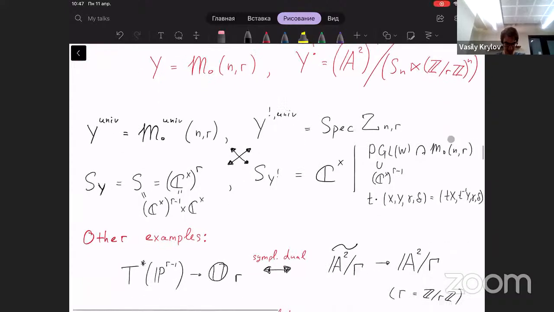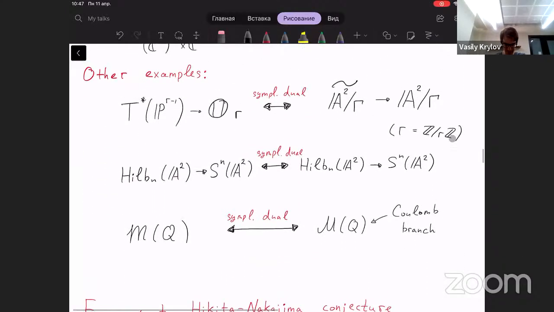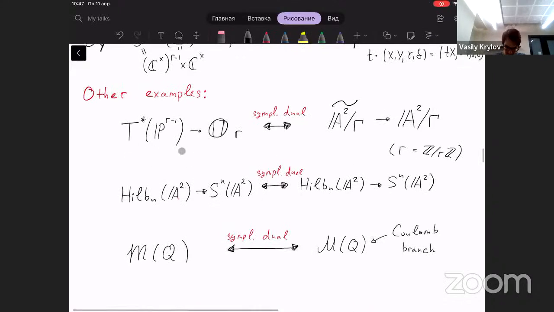Okay. Just to say about our previous examples, T*P^{r-1} resolving C^2/Z_r will be symplectically dual to a resolution of the A_r singularity. So the Hilbert scheme will be symplectically dual to itself.